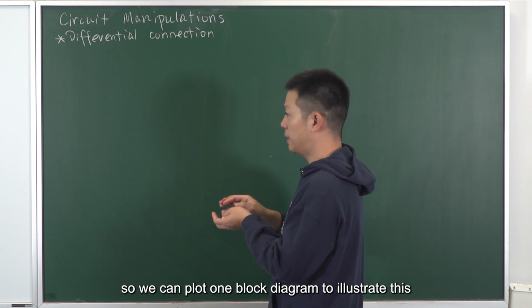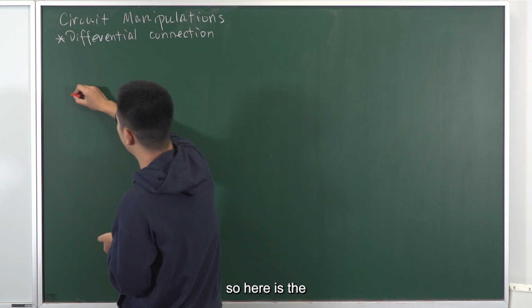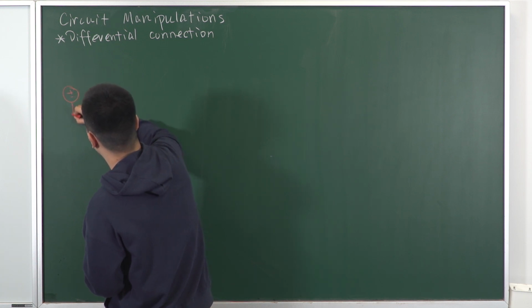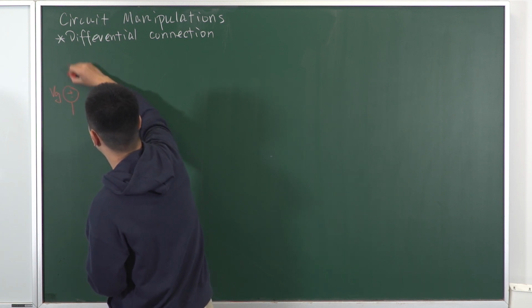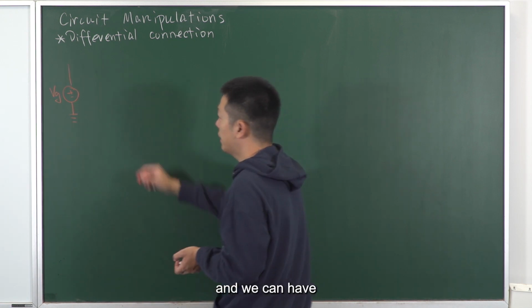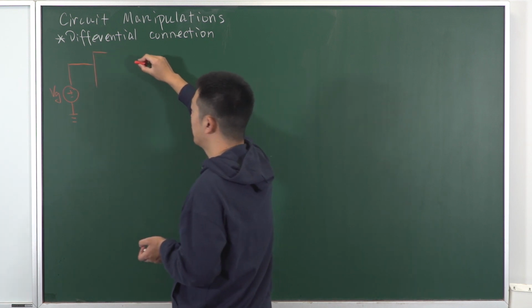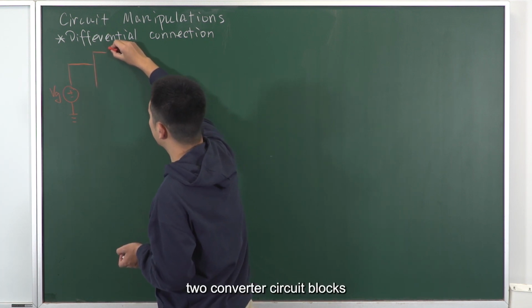So we can plot one block diagram to illustrate this type of connection. So here is the input voltage source, Vg, to the ground. And we can have two converter circuit blocks.